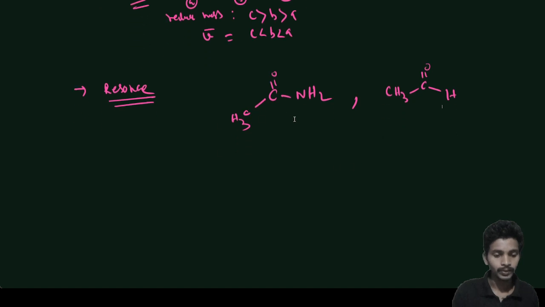So for this case we see that conjugation or resonance is there. So this is going to here and this is going to here, or it may be this is going to here.